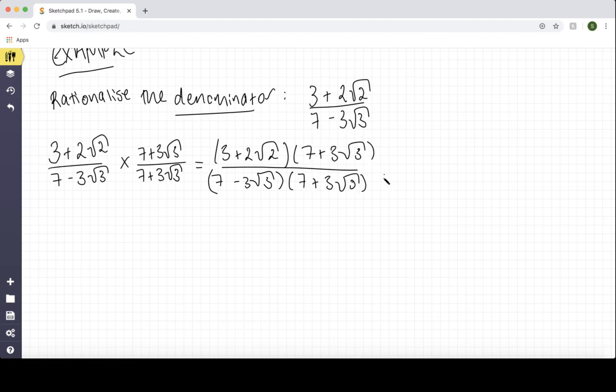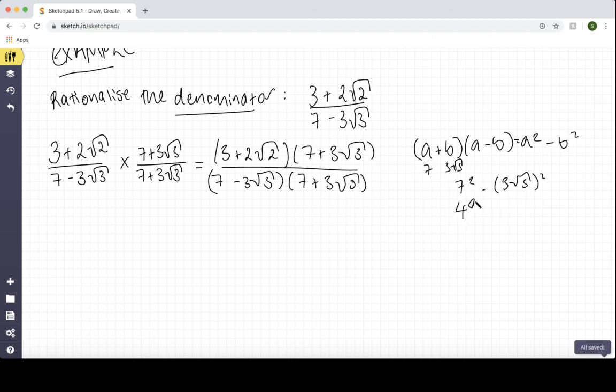Let's look at the denominator first. We're still using our formula of a plus b times a minus b is equal to a squared minus b squared. Here our a is 7 and our b is 3 root 3. So we have 7 squared minus 3 root 3 squared.